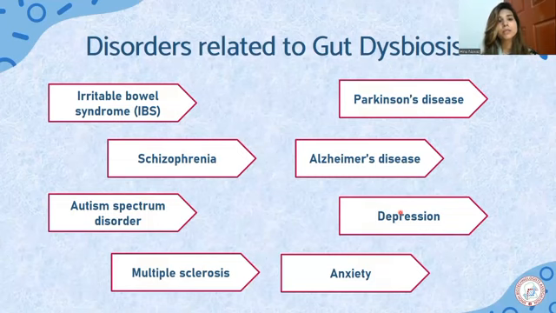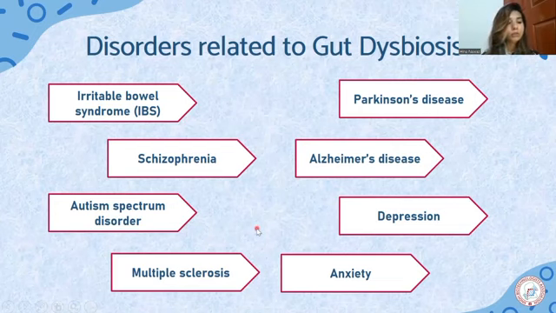So if this gets imbalanced, what will be the disorders? There are a lot of disorders associated with this imbalance. Here I have mentioned a few of them, mainly irritable bowel syndrome. It is basically known as a neurological bowel disorder. It affects your digestive system, and the symptoms are alteration in your bowel movement, and the nerves present in your gut become sensitive to the signals sent from your gut to the brain.